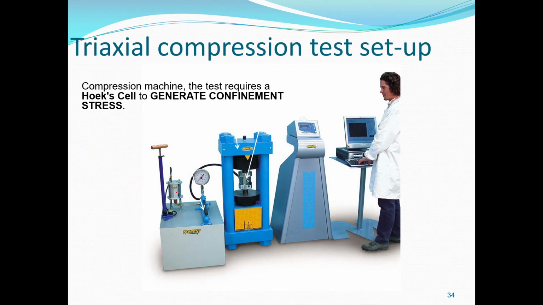So this is the machine. We have this compression machine combined with the Hoek cell to generate the confinement stress. So this is a Hoek cell, where inside here we have the sample.